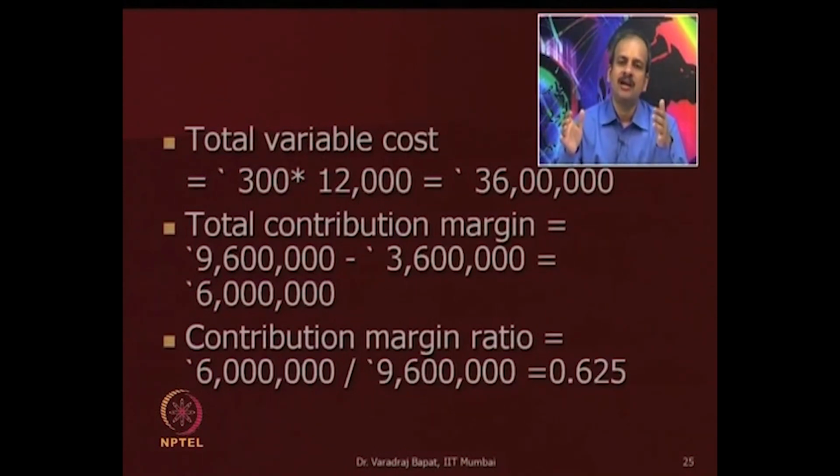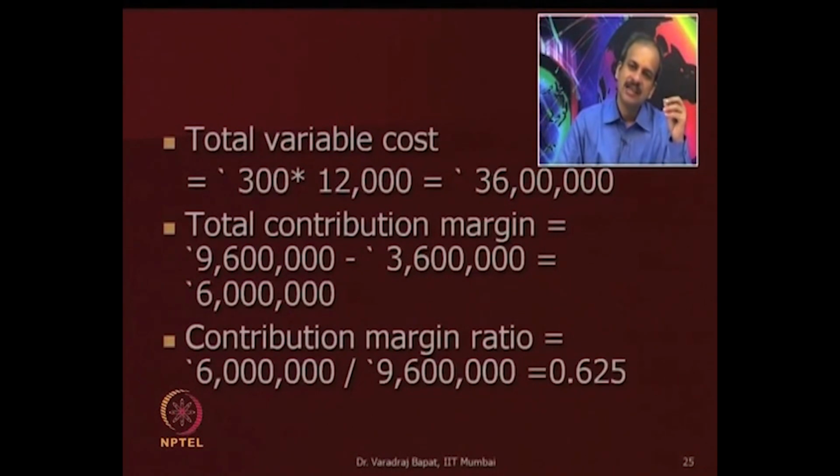So total estimated contribution margin is 96 minus 36. So 60 lakhs is expected to be the margin. So contribution margin ratio will be 60 lakhs upon 96 lakhs, which is 0.625, or we can say 62.50%. I hope it's clear to you.